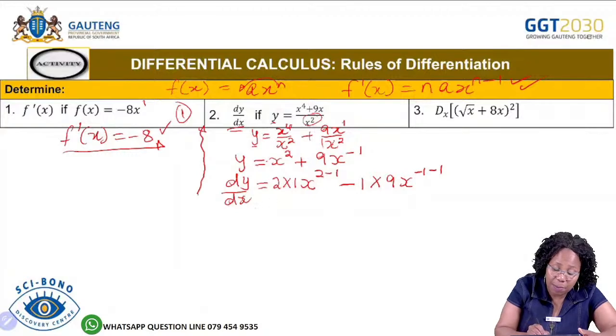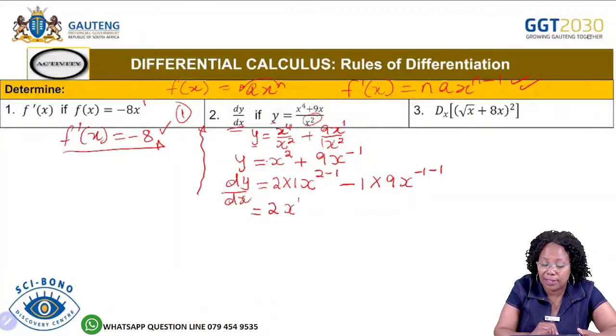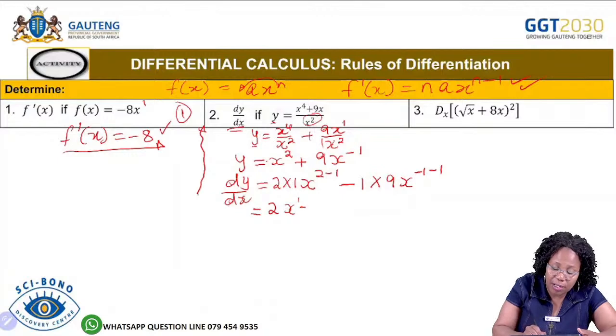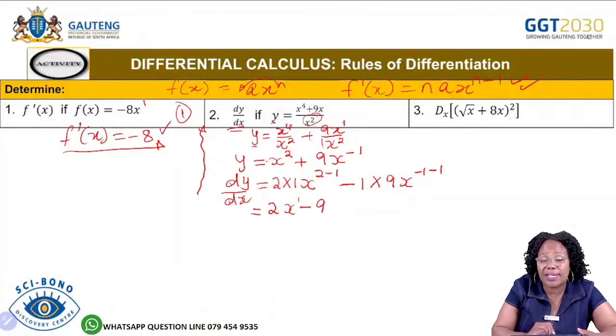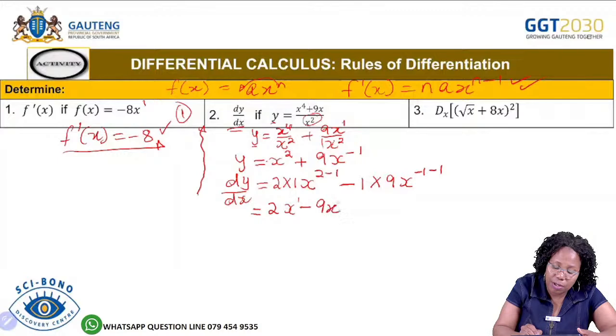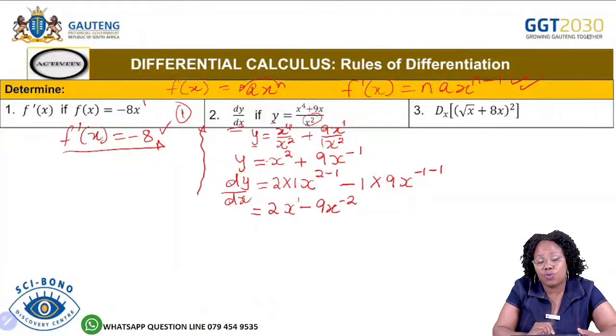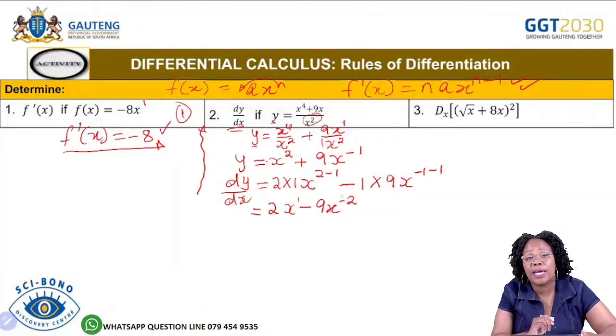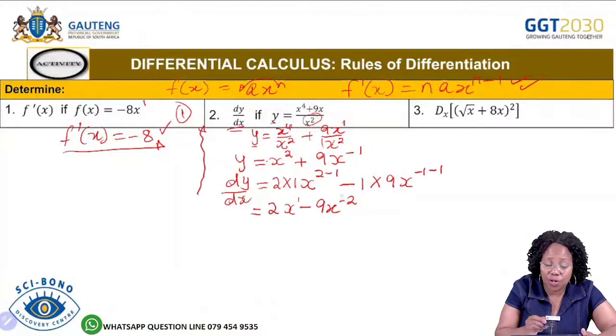So now we have applied the rule. Let's simplify now. We have 2 x to the power 2 minus 1, which is to the power 1, it's fine. And then for this one is minus 1 times 9, that is minus 9. And then it's x to the power negative 2. You can leave your answer there, grade 12, or you can get rid. Sometimes an examiner may say, get rid of negative exponent on your answers.